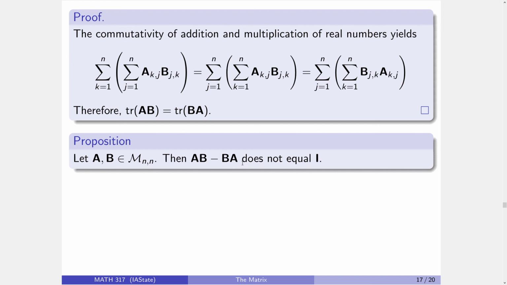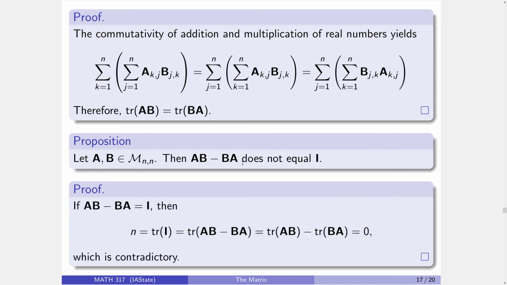However, what you would like to be true is that even though you observe them in a different order, they're not too far away from each other, and their difference being the identity matrix would be nice. So it turns out that in quantum physics, you want A times B minus B times A to actually equal the identity matrix, but it literally cannot be true.